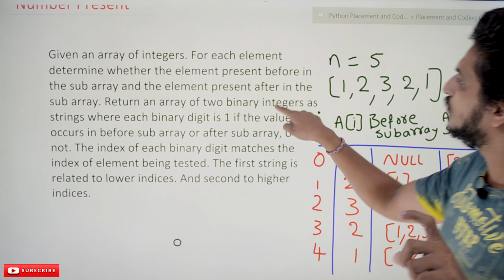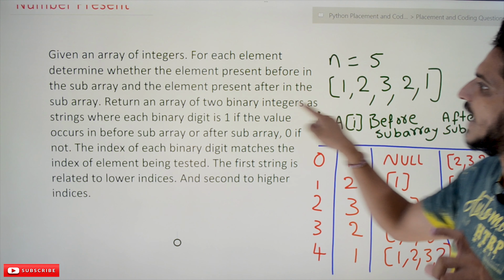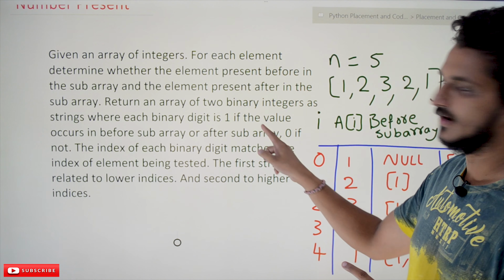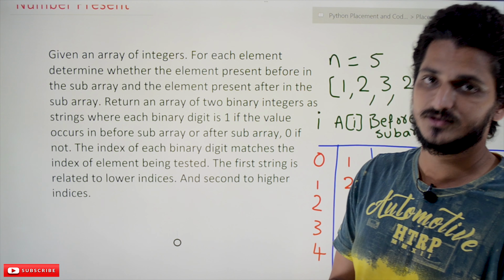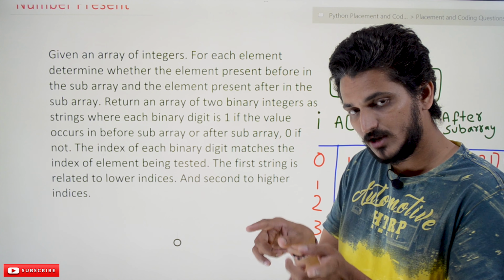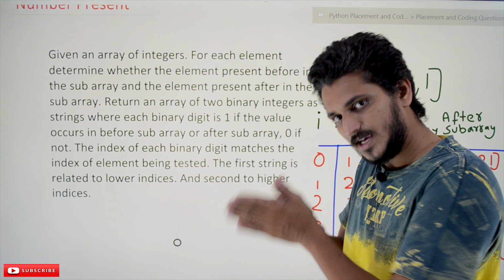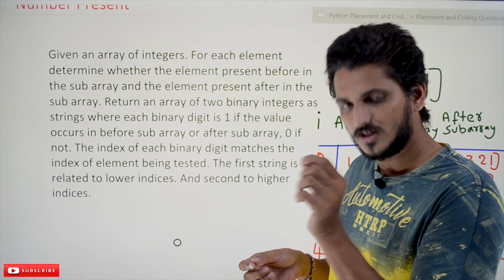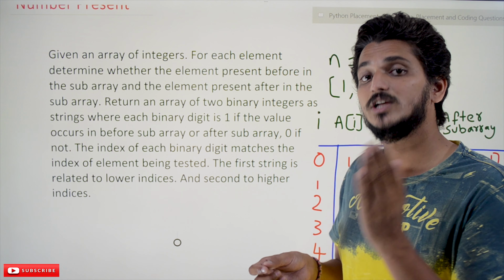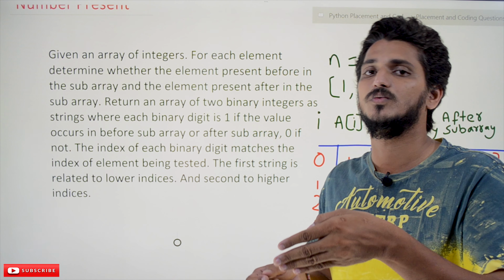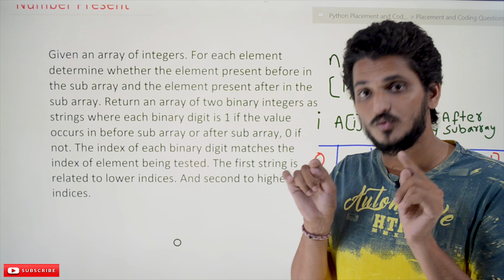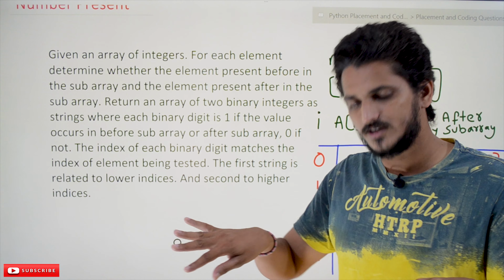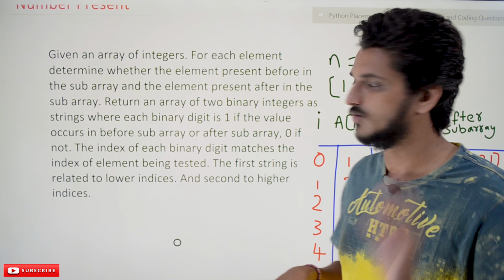Each binary digit is 1 if the value is present in the left subarray, and the second string value will be 1 if the value is present in the right subarray. If it is present in the left subarray, the string value will be taken as 1. If it is not present, take it as 0. That is what you have to display: 2 strings, 1 for the left subarray and 1 for the right subarray.